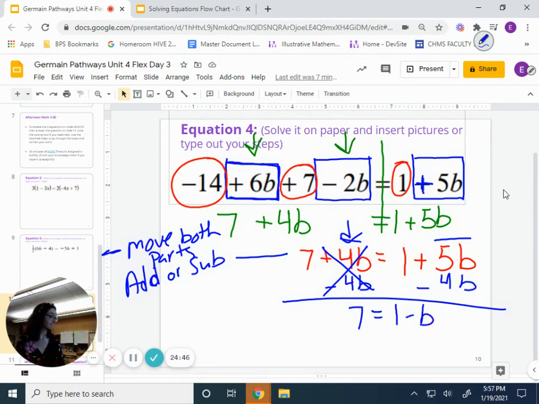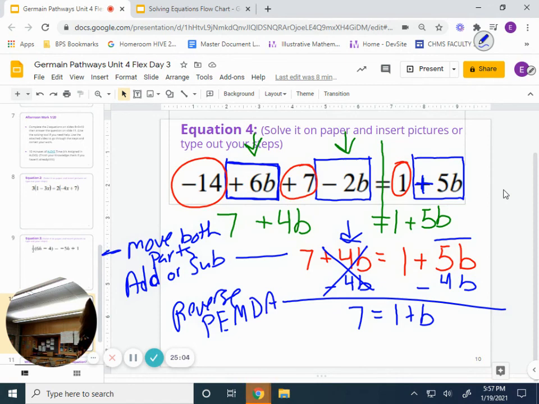Okay? Nice. Now I need to get my b by itself, so I need to use my reverse PEMDAS, remembering that multiplication and division and subtraction stay together.